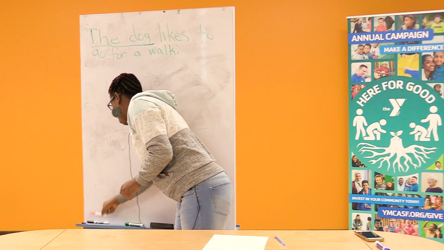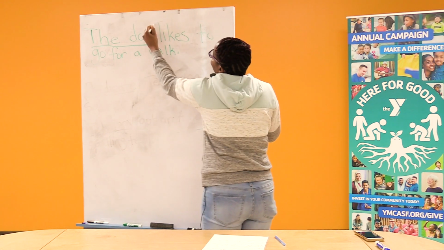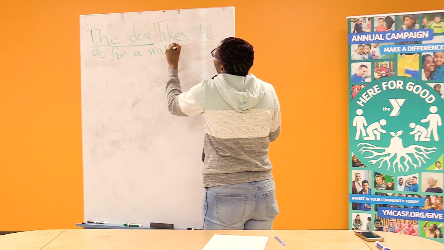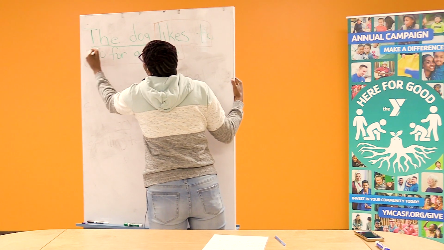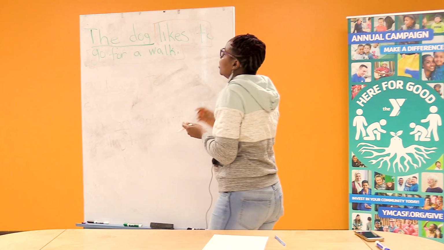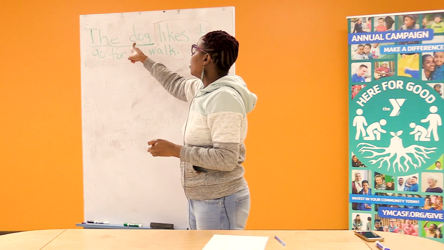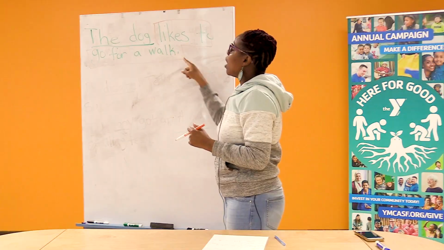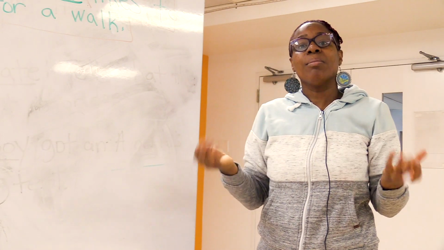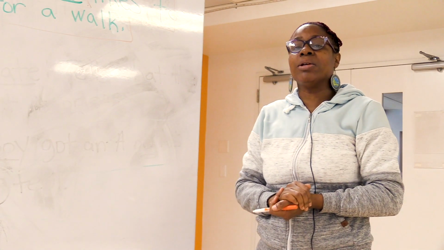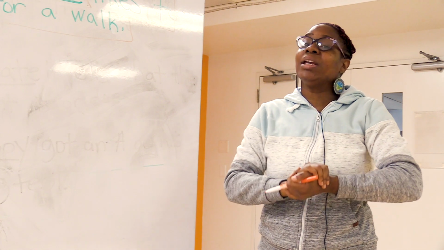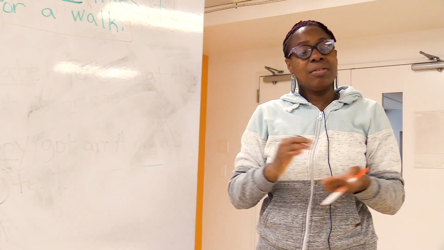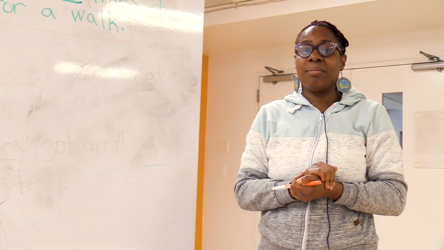And let me just go ahead and make this in orange so we know what is the subject matter and what is the predicate matter. So we have the dog, which is our subject matter, and then we have likes to go for a walk, which is the predicate matter. Remember, the predicate is always going to tell what the noun is or does. That is the subject and predicate matter.